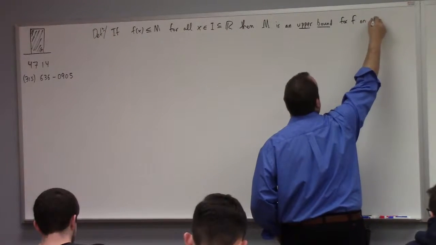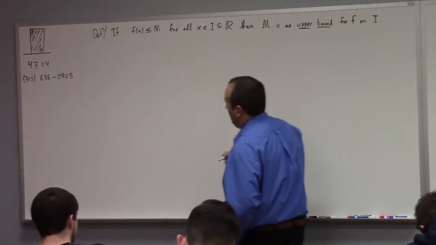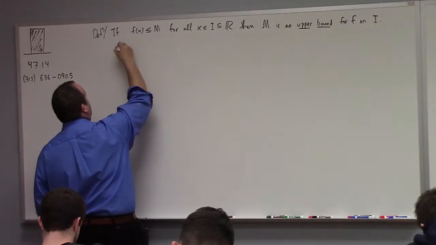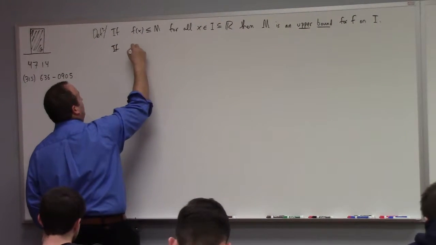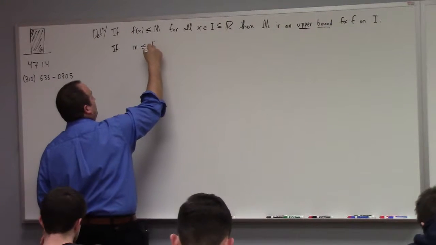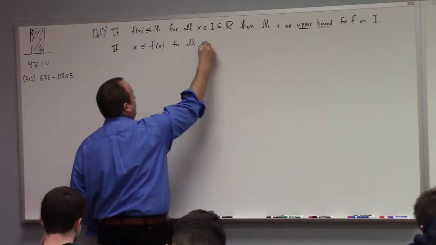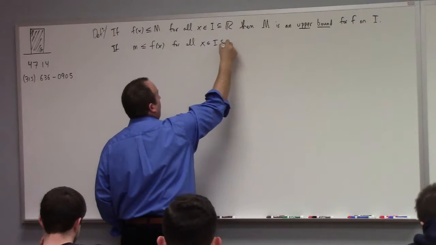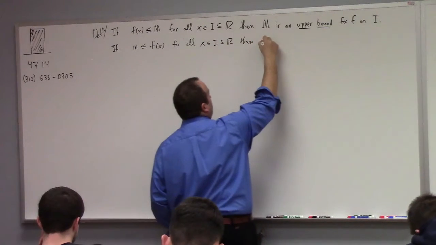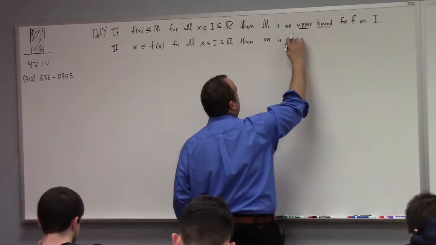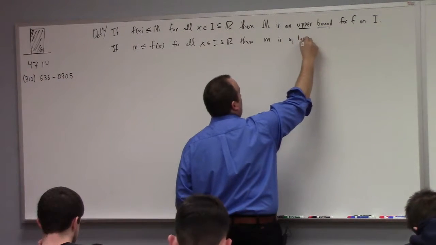And likewise, let's say little m is less than or equal to f of x for all x in I, then little m is a what? Lower bound.